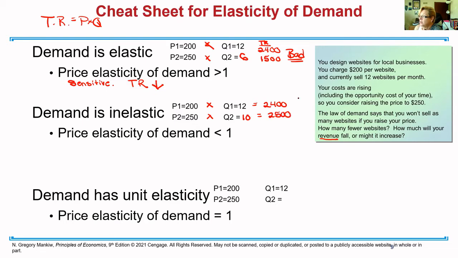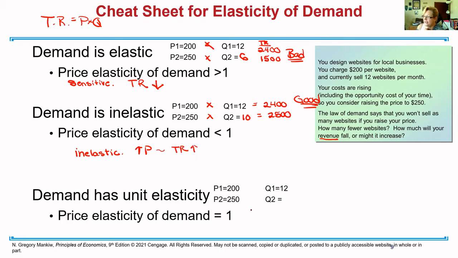That was a good idea because we have a higher total revenue. Yes, we lost some customers, but we didn't lose that many. So here I would say that the elasticity of demand is less than 1, or buyers in the website market are inelastic. And when we're dealing with an inelastic product or a service, and we increase the price, then total revenue is going to go up.